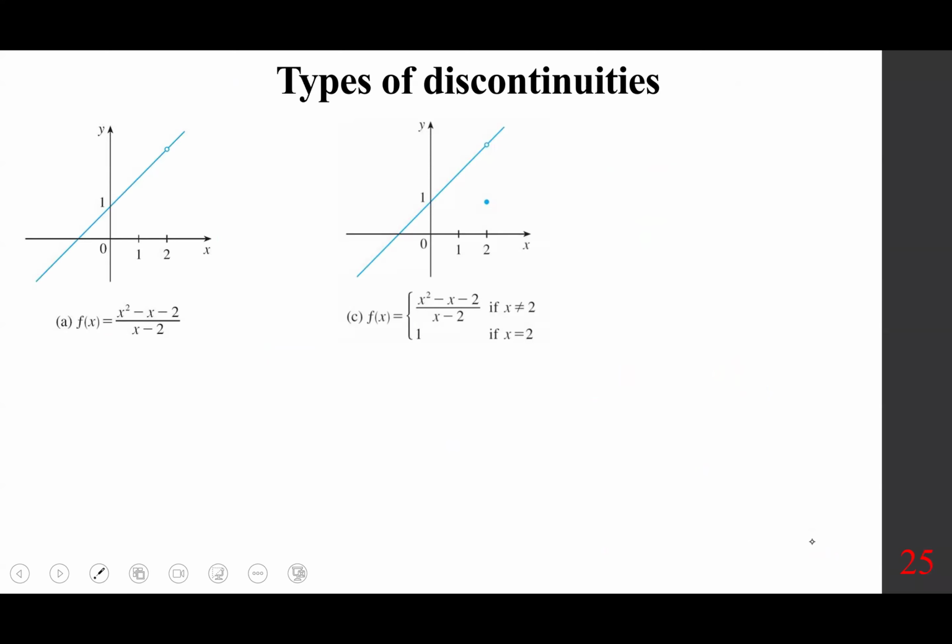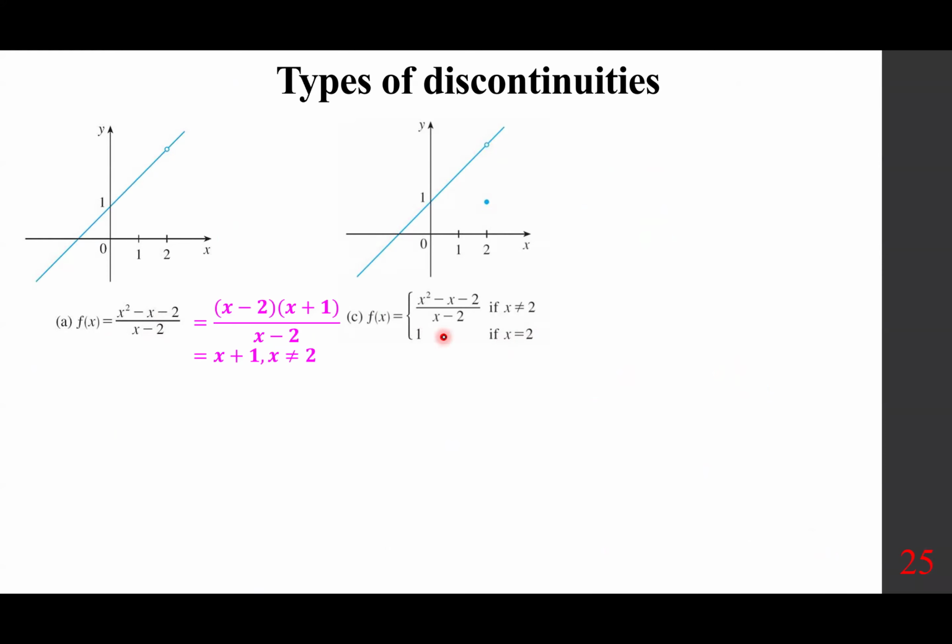Types of discontinuities. As you can see, we have a rational function and there is a hole here. We have the same rational function, but we are defining the functional value at 2 to be 1. So obviously the two are discontinuous.